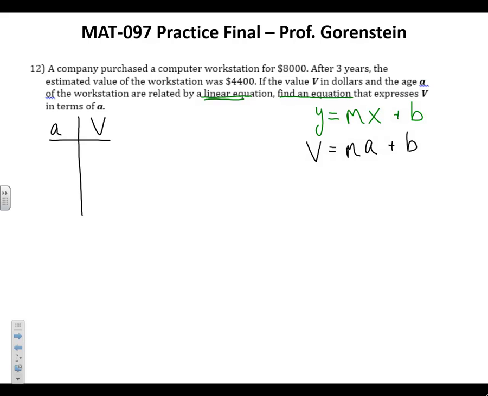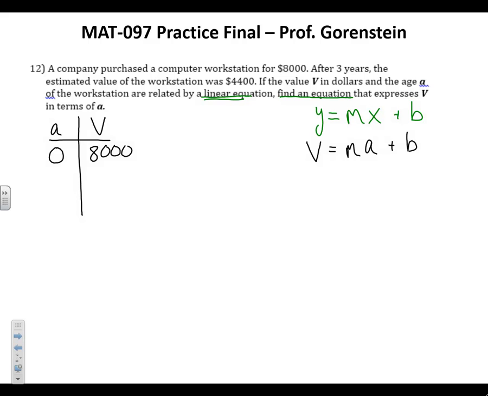Okay, so now what's going on? When the age is 0, when the workstation is brand new, 0 time has passed, the value is 8,000. Point number 1, 0 comma 8,000.